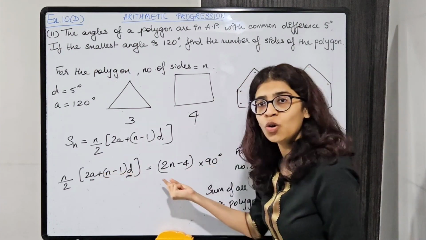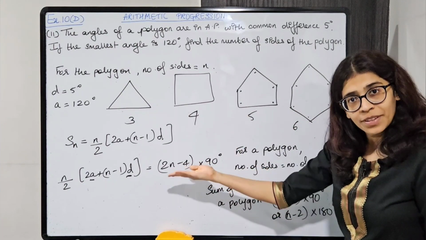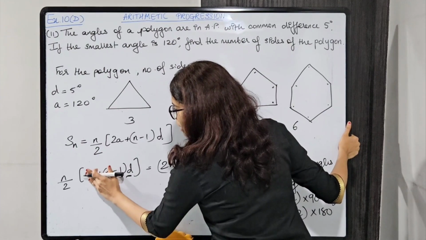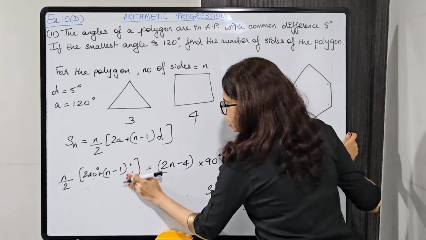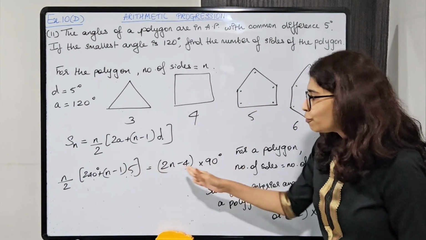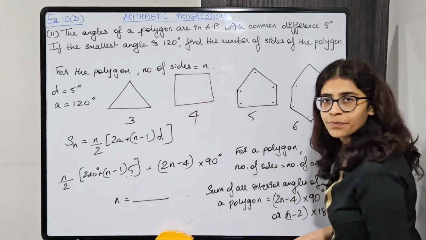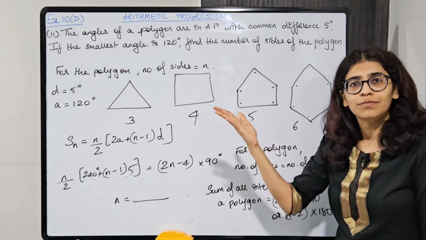Only n is the unknown. So on solving, I'll get n. We put the value of a as 120, so 2 into 120 will give 240, and d is 5 degrees. Solve it and find out the value of n. That is the number of sides of the polygon.